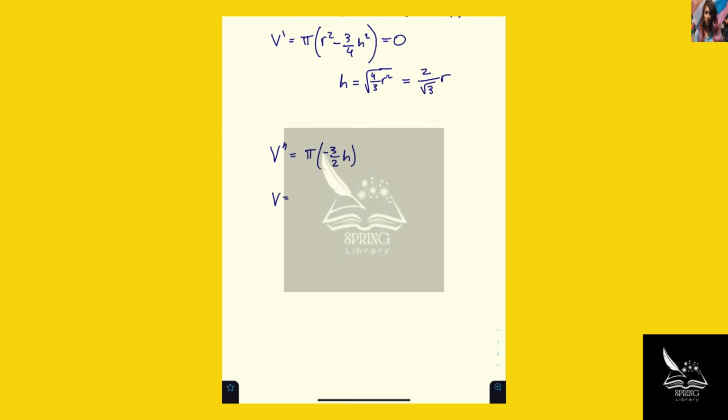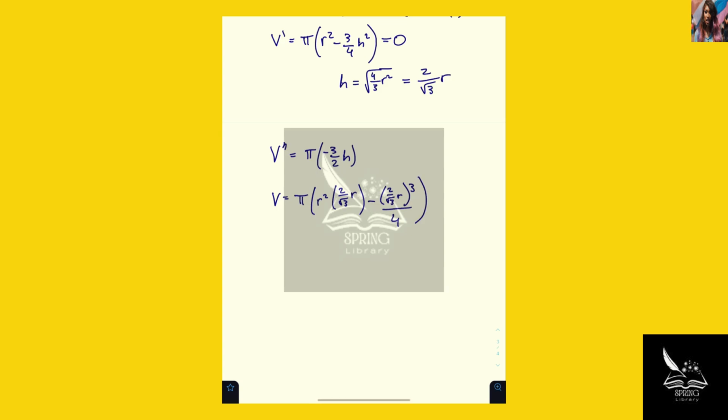we'll get that V equals pi times (R squared times 2 over root 3 R minus (2 over root 3 R) cubed over 4).